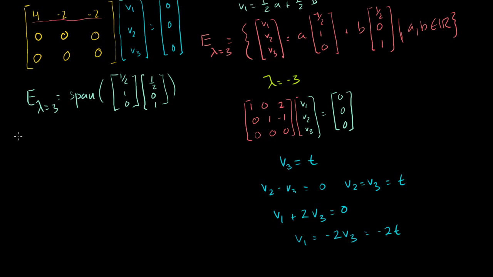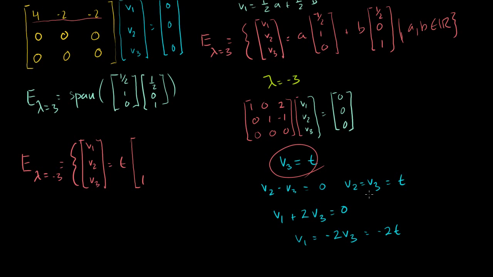So the eigenspace that corresponds to lambda is equal to minus 3 is equal to the set of all the vectors v1, v2, and v3, where it's equal to t times... v3 is just t. v2 also ends up being t, so 1 times t, and v1 is minus 2 times t, for t any real number.